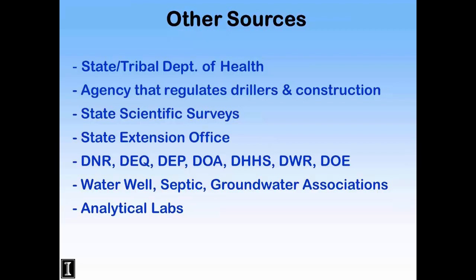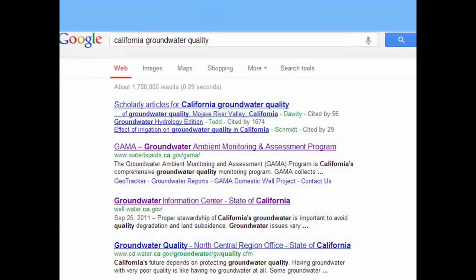And some other sources: there are water well associations, there are septic installers and associations, and many states have a groundwater association that can give you information, at least for local drillers and that sort of thing. Okay, these are just a couple examples.